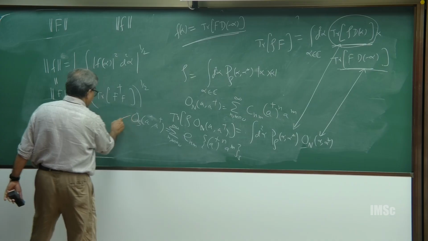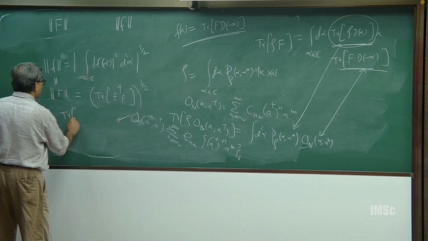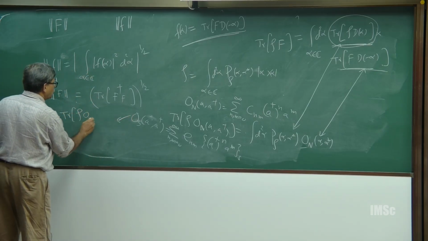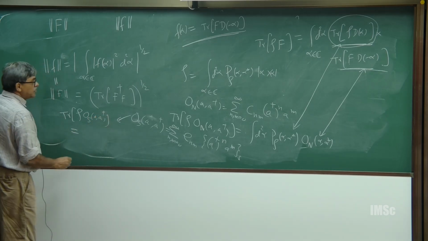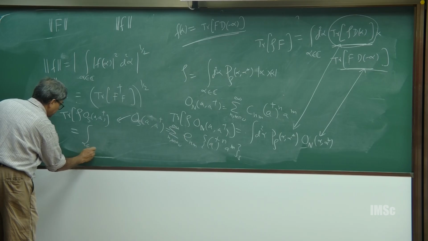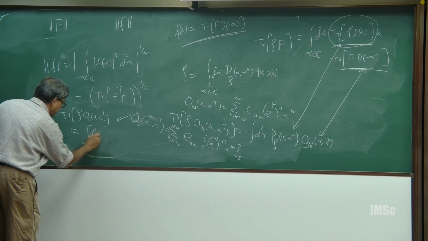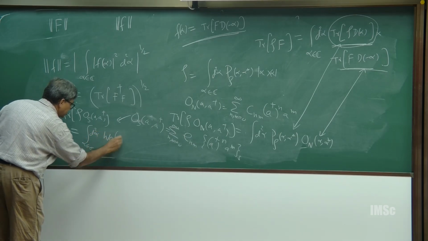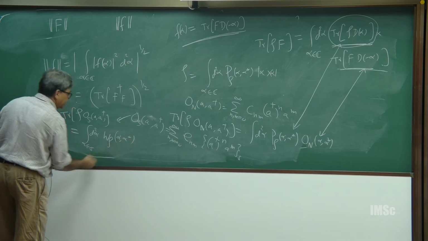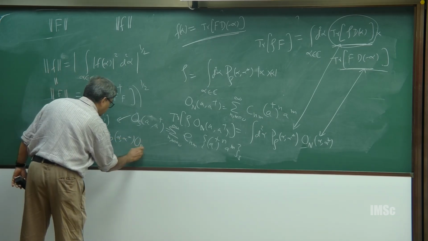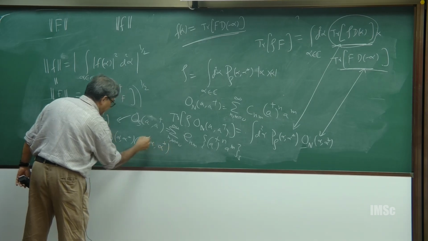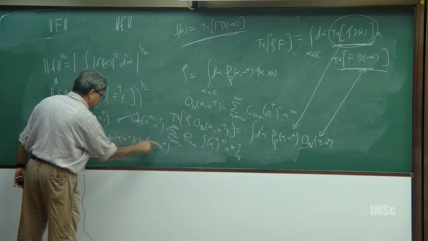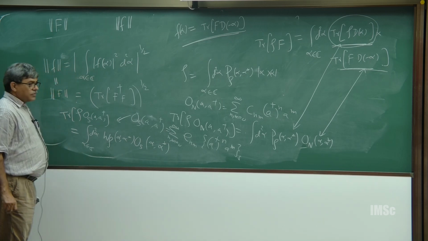Then from there you can see that the trace of rho and O_s of a dagger, a will be equal to the integral over alpha belonging to C, d squared alpha, the Wigner function of the state multiplied by O_s, where you just replace a by alpha and a dagger by alpha star.